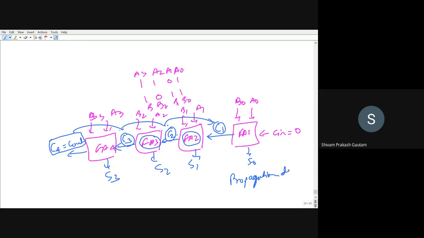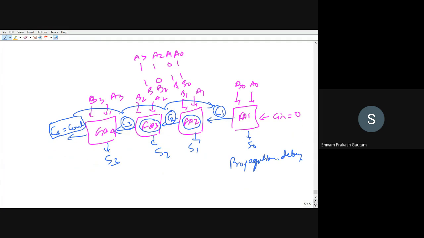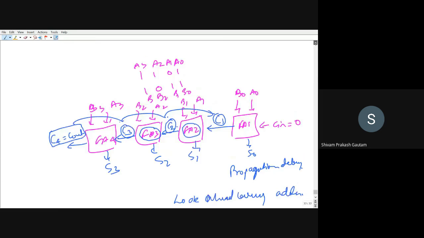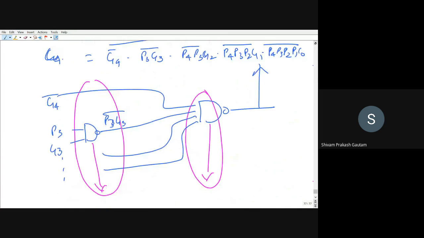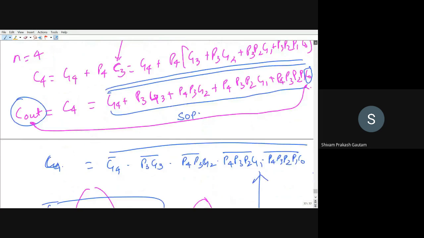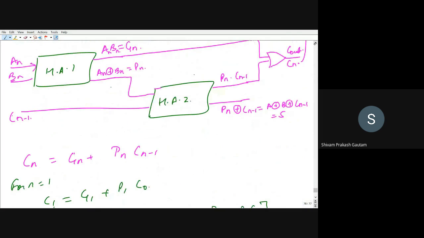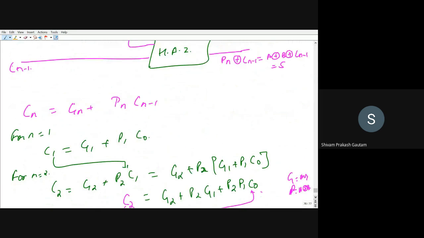Now, in order to reduce this delay, we have implemented the look ahead carry adder. And we have implemented this by looking at the truth table of the full adder, and we have come to the conclusion that if you implement this logic, then the final carry out should not be dependent upon the previous carries, but it has to depend only upon the input carry in.